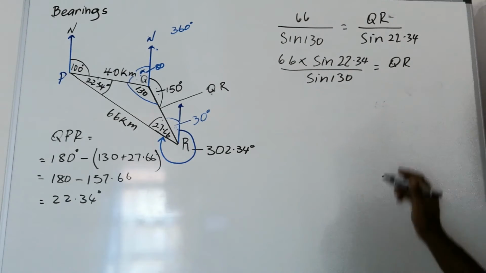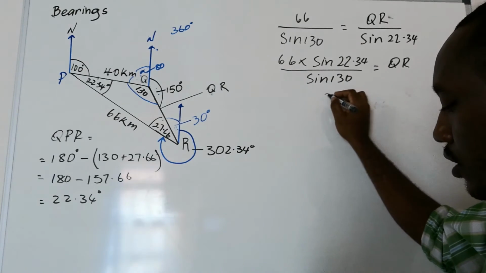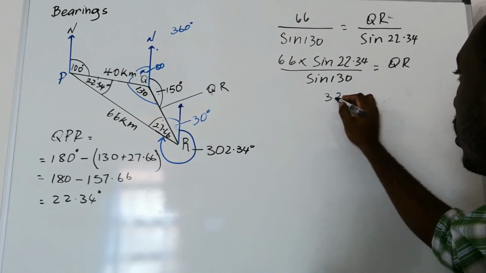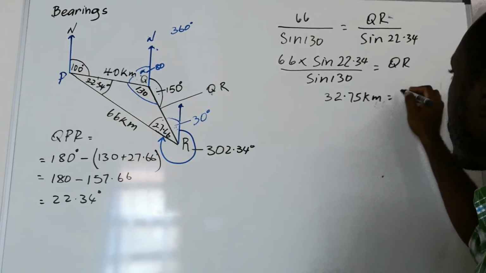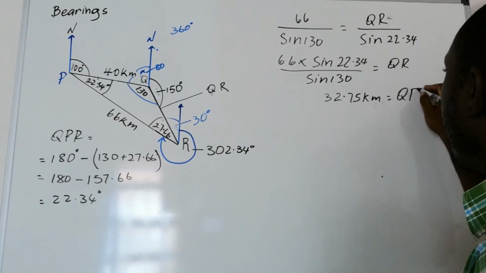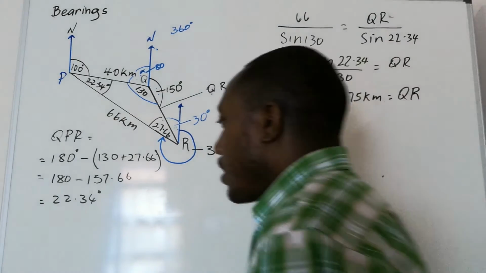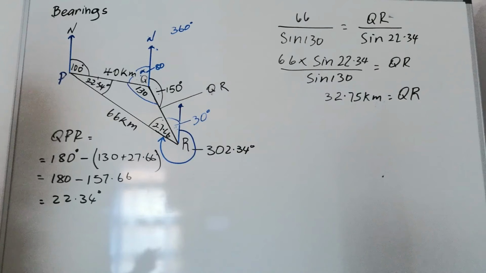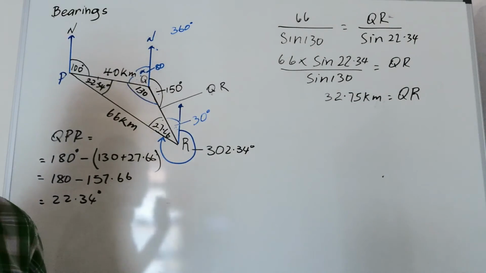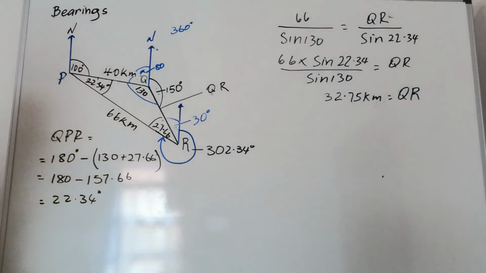And that gives us approximately 32.75 km. So the distance from Q to R is approximately 32.75 km.